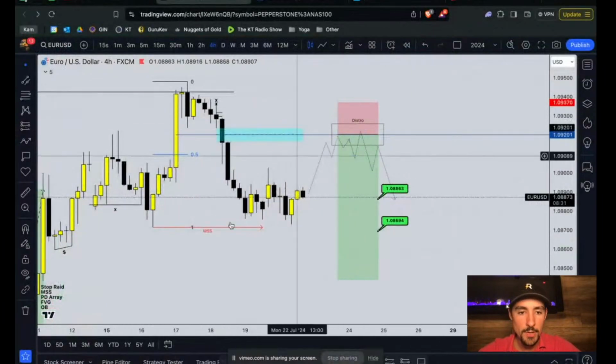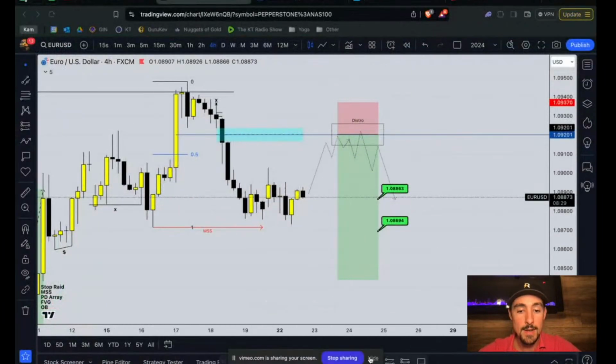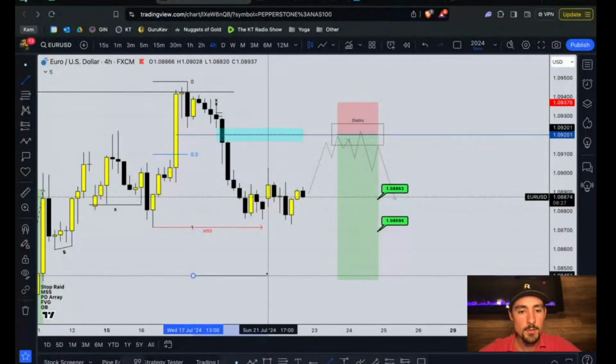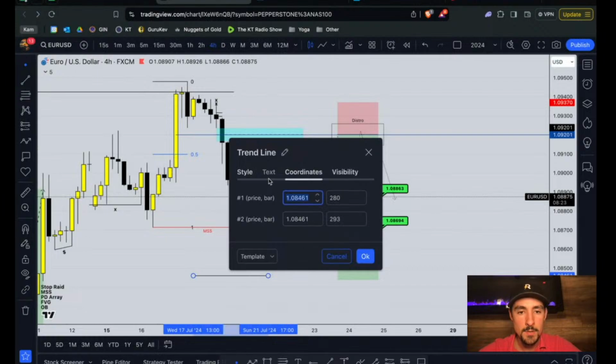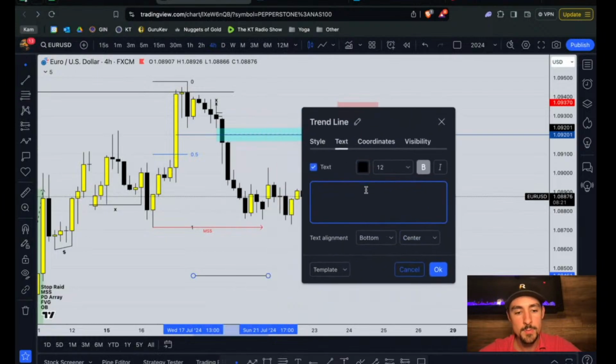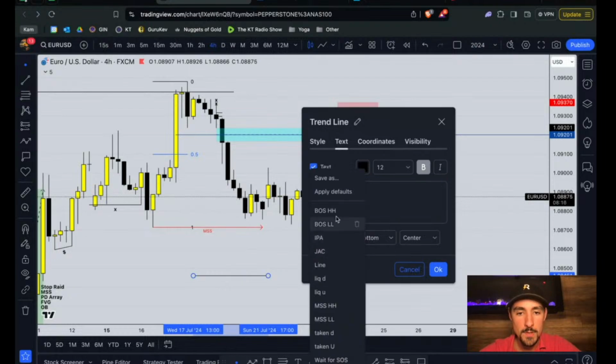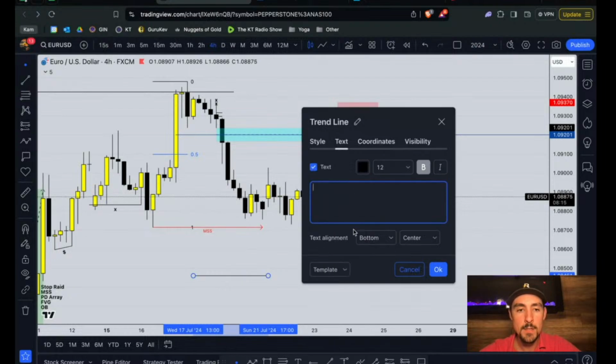Okay, so to get any sort of text on your trend line, you can go into settings and then click text, and then I just put in dollar signs, and then I have templates saved. Let's say you wanted to have a template for downside liquidity.